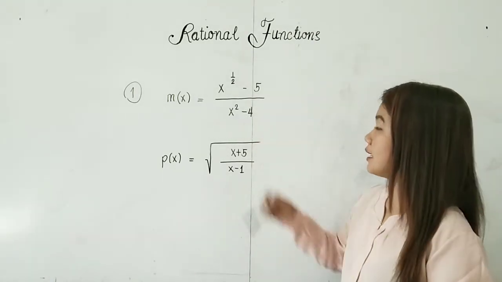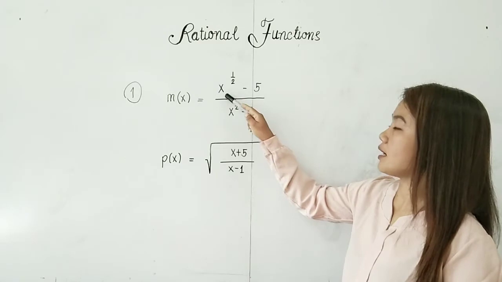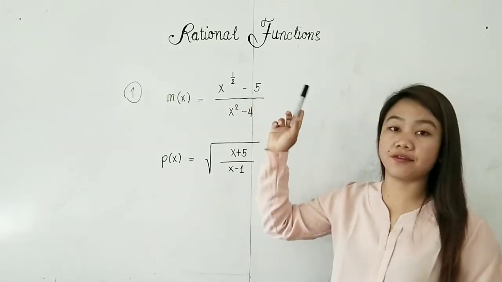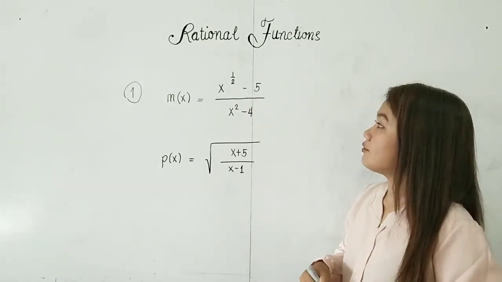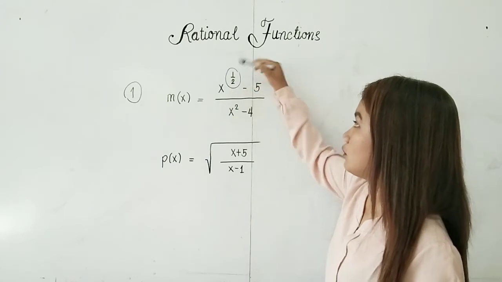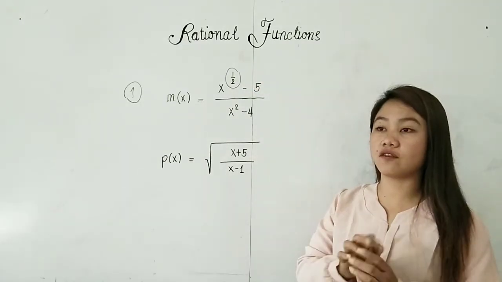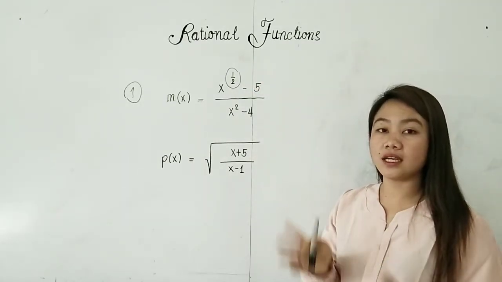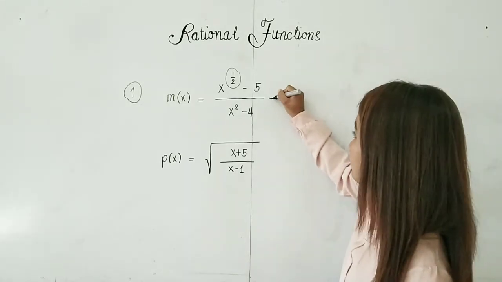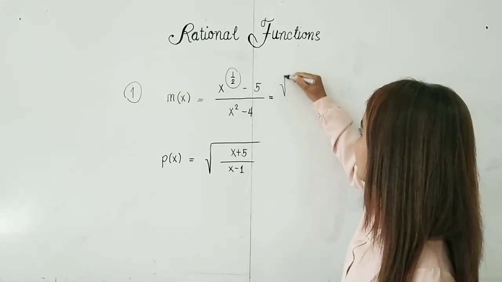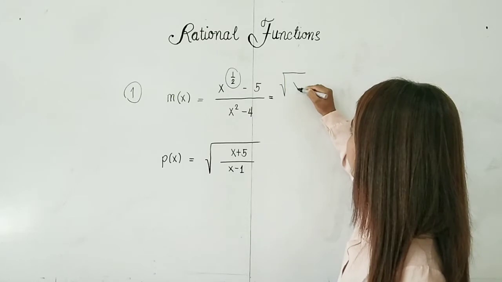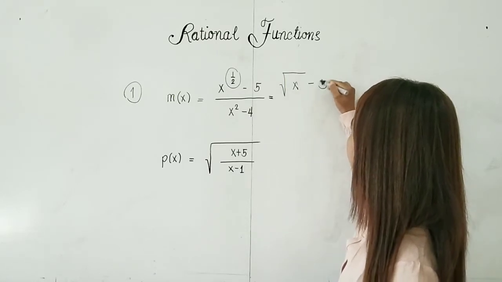So first, let's have our numerator, x raised to 1/2 minus 5. Now we have here a fractional exponent 1/2, and if you transform that into radical form, that would be the square root of x minus 5.